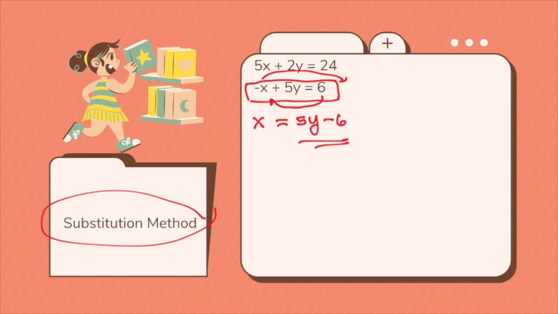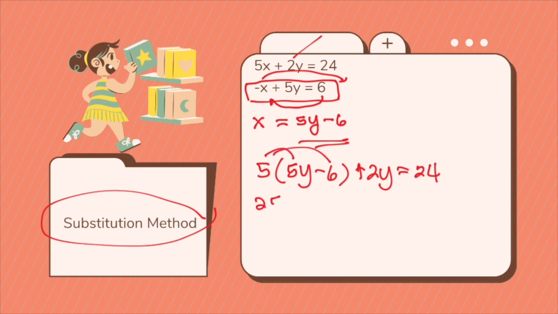And we substitute this to the first equation. So you will have 5 times 5y minus 6 plus 2y equals 24. That's for the first equation. Distribute 5, you will have 25y minus 30 plus 2y equals 24.